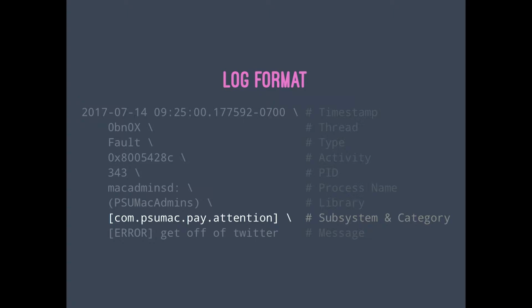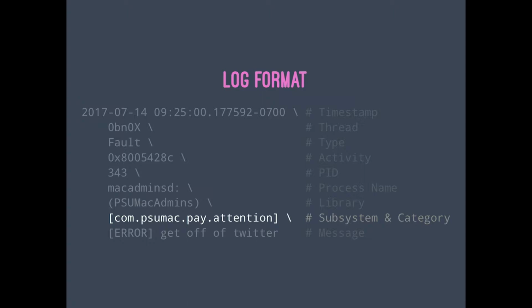Next, it shows the subsystem, and these are categories, if you will, that you can call against to only show the relevant log events for a specific subsystem. So something like com.apple.timemachine, or maybe Spotlight.